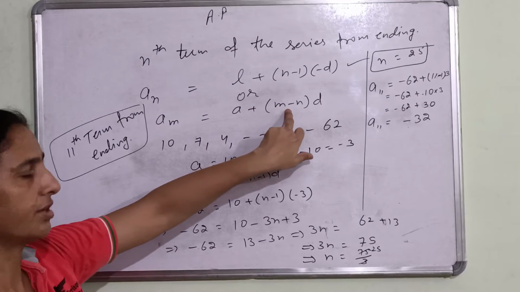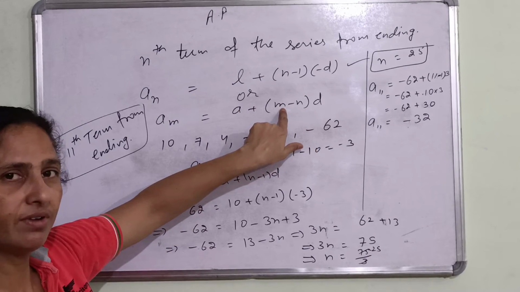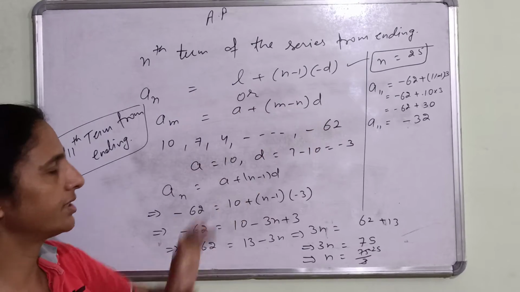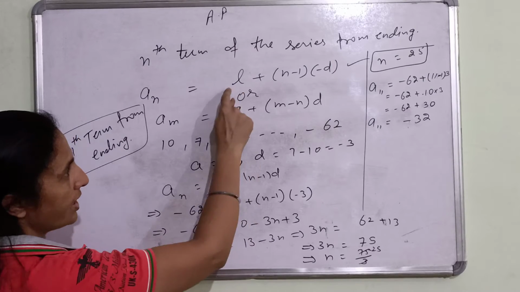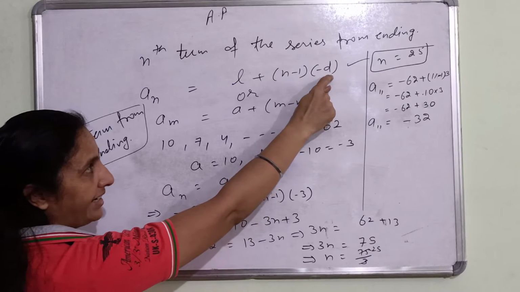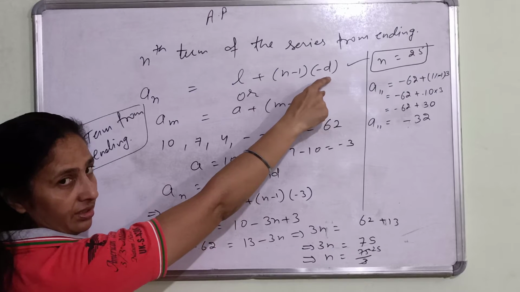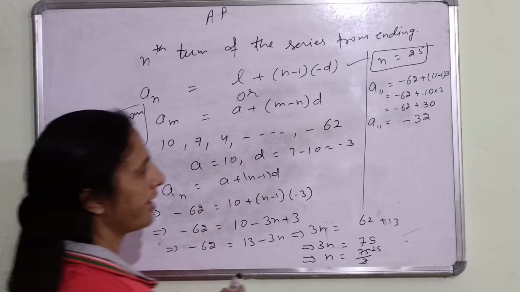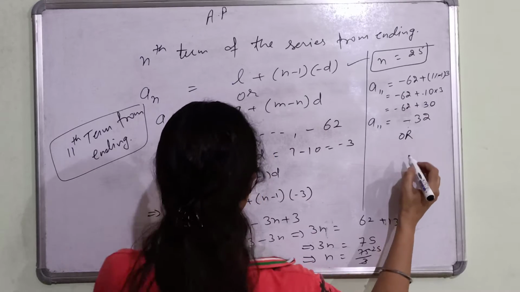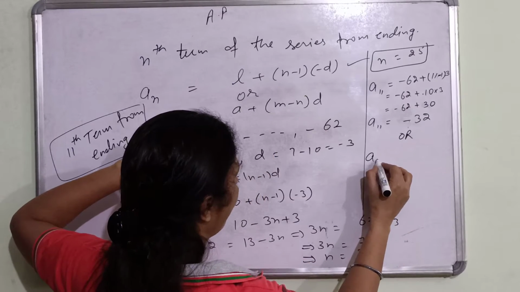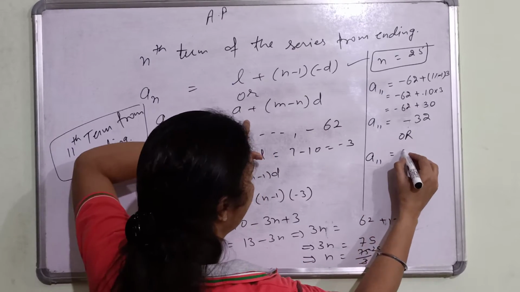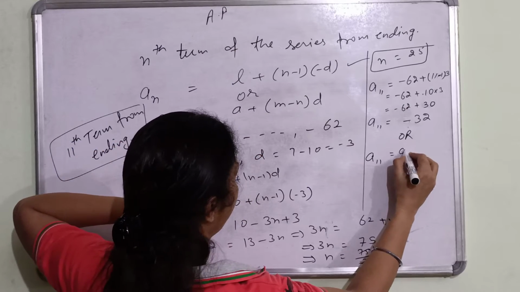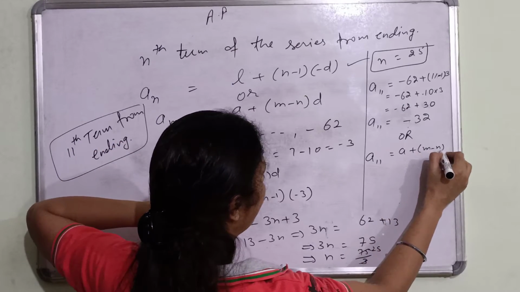Either way you can use this term. Here m is 25 and n is 11. By using this also you can find it, but if you are using this formula, you have to take the negative of d. Otherwise you can use the second method. A11 means a plus m minus n into d.